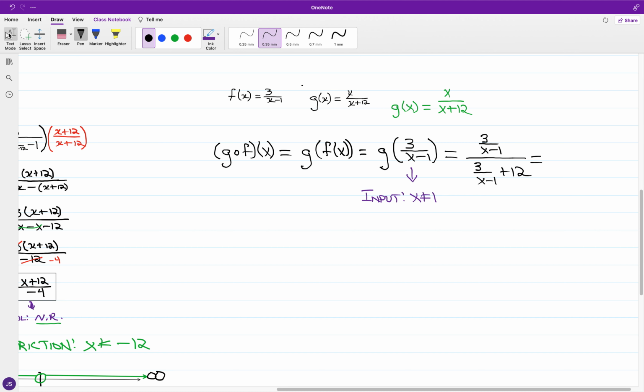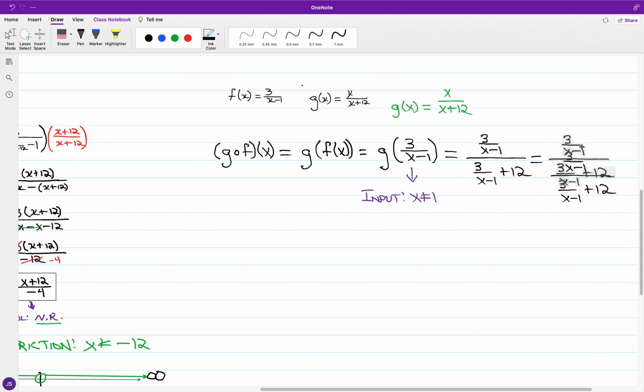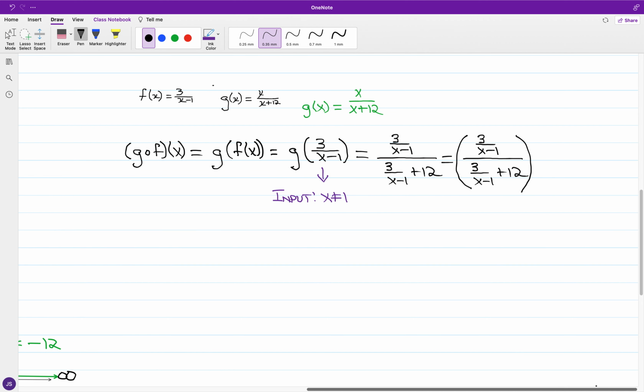Okay, so for what we have in the follow-through stages, in clearing out, I'm going to multiply by 1, again in the form of x minus 1 over itself.